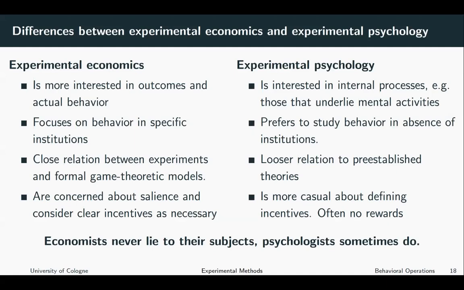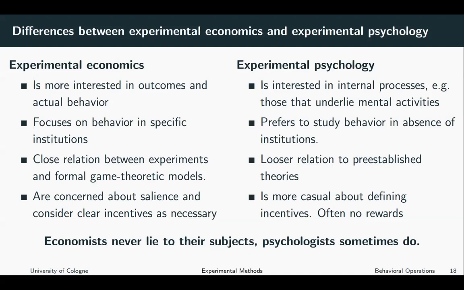Here, I want to quickly compare differences between experimental economics and experimental psychology. I would claim that the experimental work done in operations, in behavioral operations especially, is more closely related to experimental economics than to experimental psychology. So let's have a look.